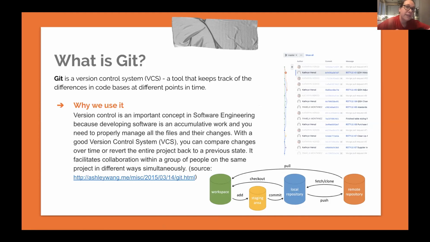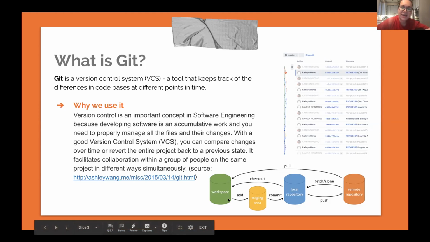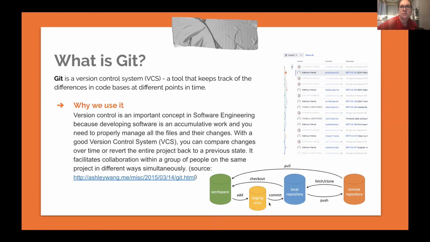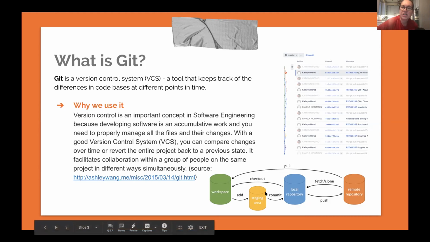Git is aware of them, but it doesn't know to actually do anything with them yet. So what we do is we're going to add them to this staging area. It's kind of like a space in between, think of it as purgatory, if you will. They live in this staging area until you're ready to say, okay, I've gotten all these files changed and I'm ready to do something with them. Then you make a commit.